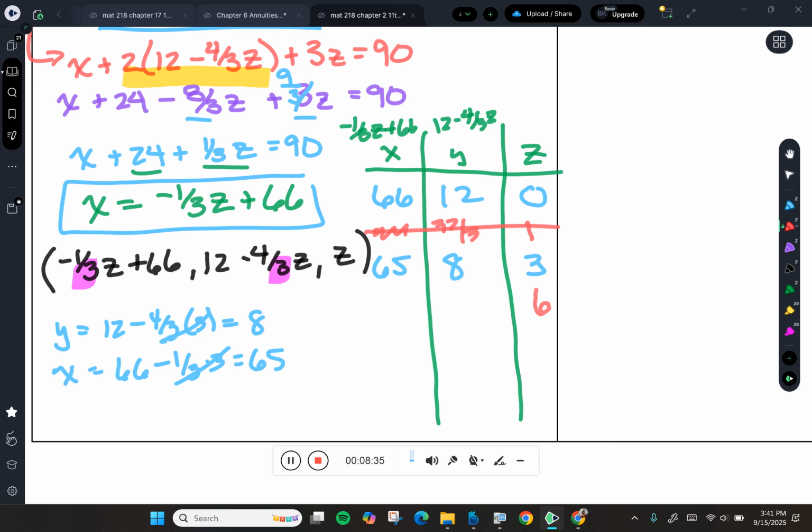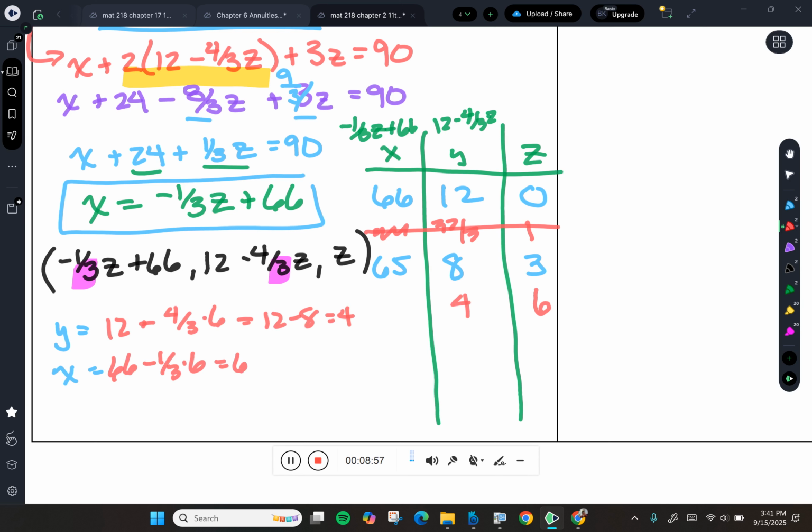So over here I'll do my scratch work, and I ran out of room, so I'm going to have to erase as I go. This would be 12 minus 4/3 times 6, so that's 12 minus 8, or 4. And this would be 66 minus 1/3 times 6, so that's 66 minus 2, which would be 64.